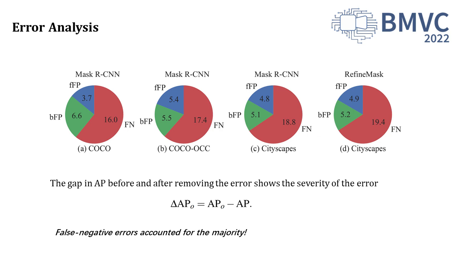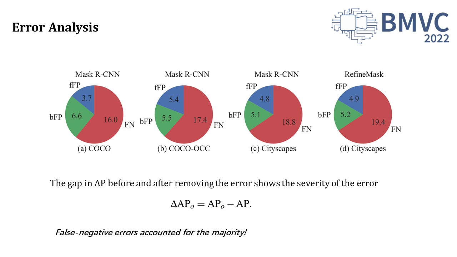We then quantitatively analyze each error. Correcting the corresponding error pixels for a specific error type, denoted as O, improves the segmentation results from AP to AP_O. The AP gap indicates the severity of that error type. We found that false negatives accounted for the majority of segmentation errors.